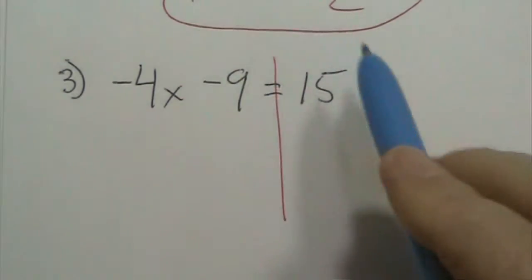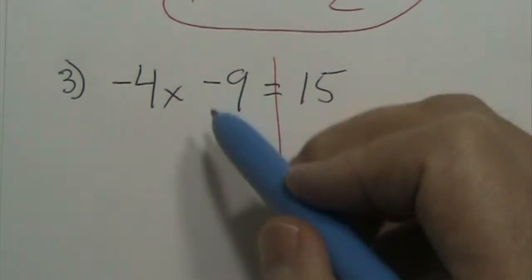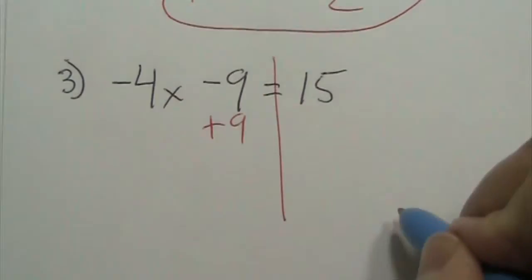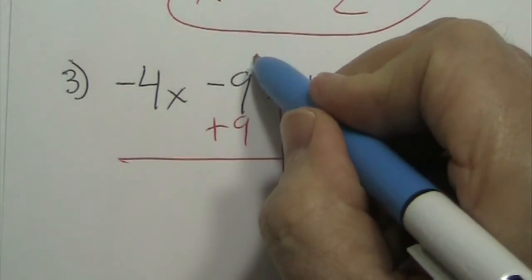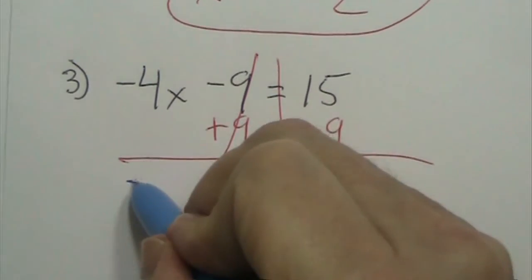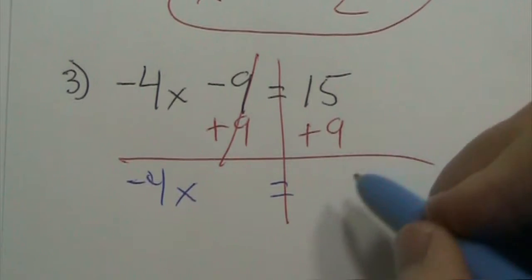Okay, whatever you do to the left, do to the right. First, get rid of the constant. That's -9, so we need to add 9. That's gone. That leaves us, that's 0. 15 and 9.